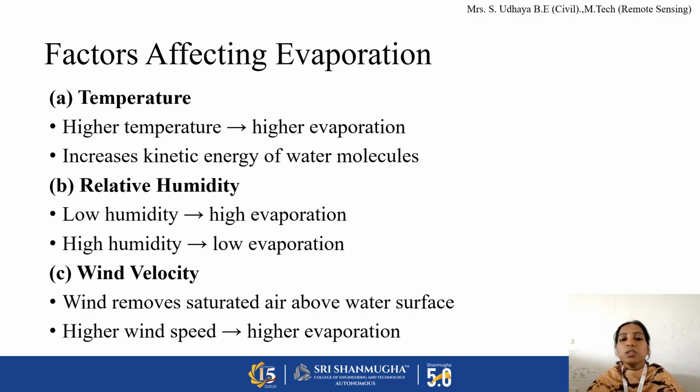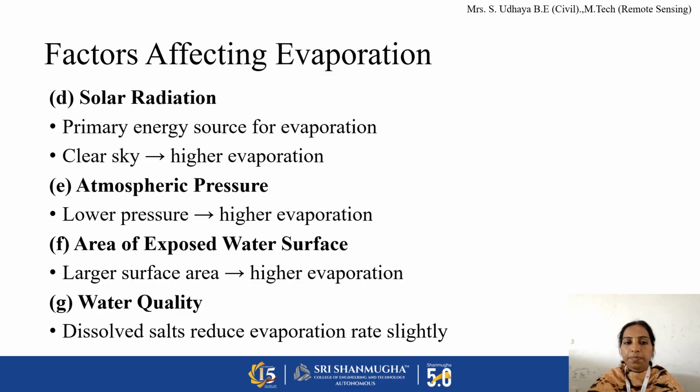Then new evaporation will increase. When wind removes the saturated air above the water surface, evaporation becomes more and more, because the already formed water vapor moves away and new vapor will form again.